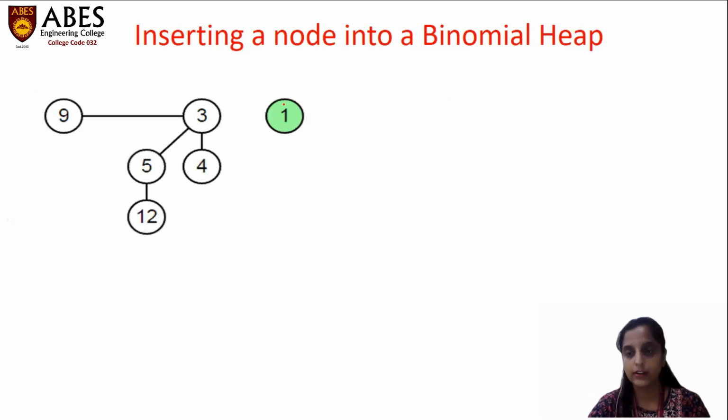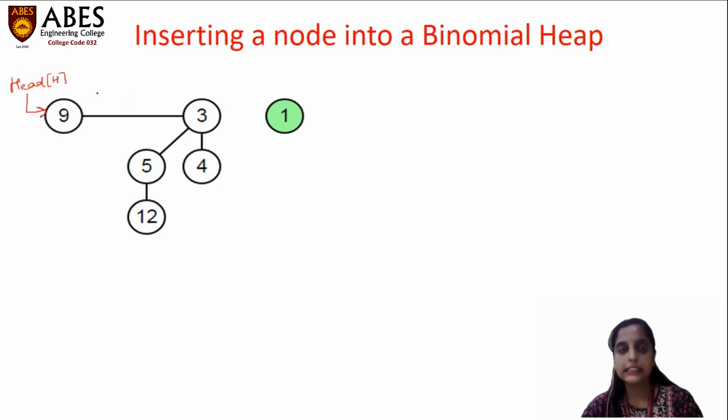As you can see here, for example, if this is our existing binomial heap, the head H is pointing towards 9. This is one existing binomial heap, and now I want to insert this 1 in this binomial heap.